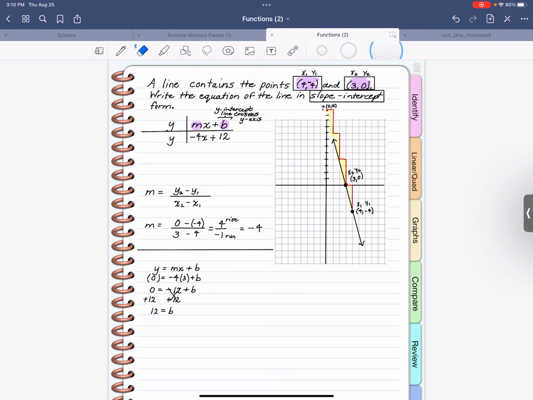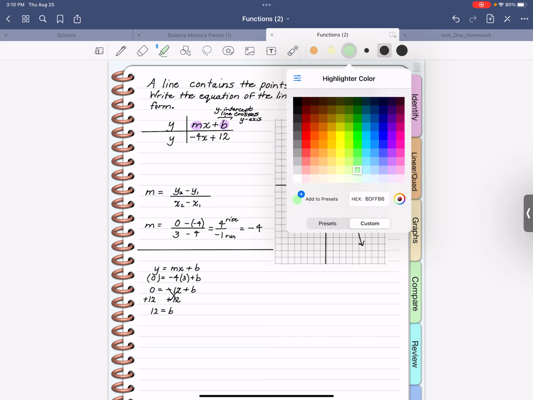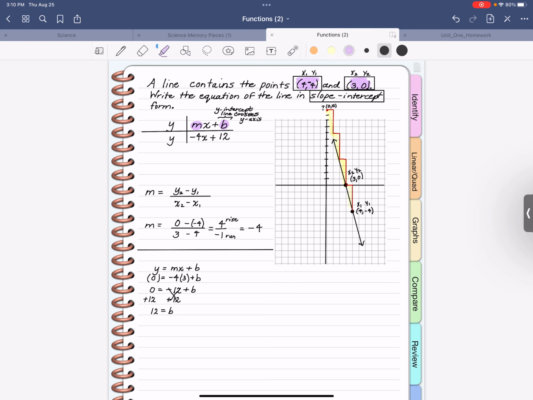They want us to write the equation in slope-intercept form, and that's what we have. Right there. That is the answer to example 5. Y equals -4x. Those are steep stairs going down. Plus baby B is 12.